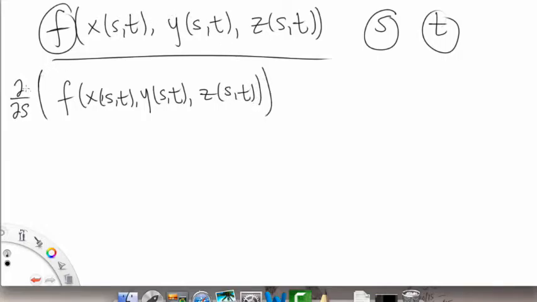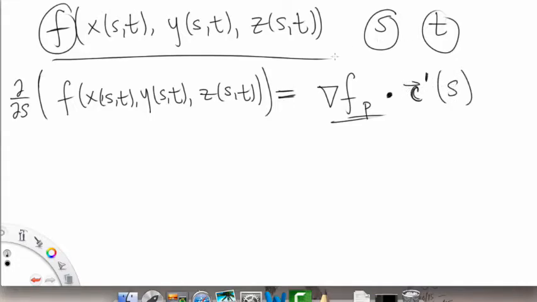Then we start from the f at all times, and this is going to grow from the chain rule for paths. What we're going to have is the gradient of f at a certain point, dotted with, because the gradient is a vector, the vector we get by differentiating c, taking the first derivative of our path, with respect to s.